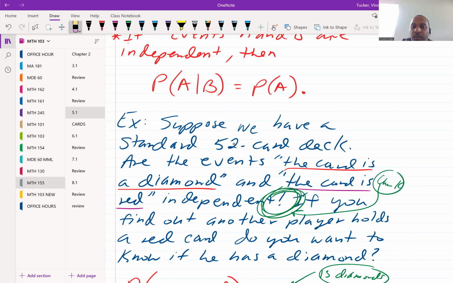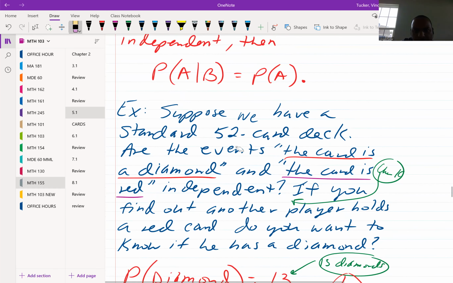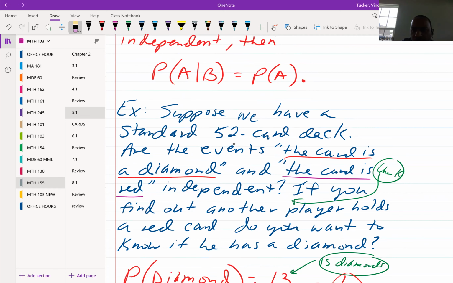The events: the card is a diamond, the card is red, independent. If you find out another player holds a red card, do you want to know if it's a diamond? I'm trying to see what kind of note I wrote myself. I wrote check right here.